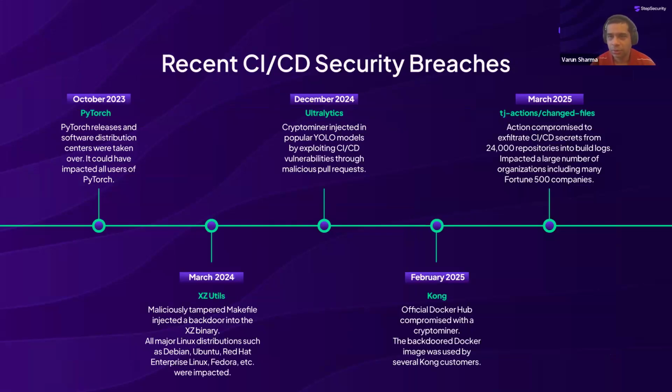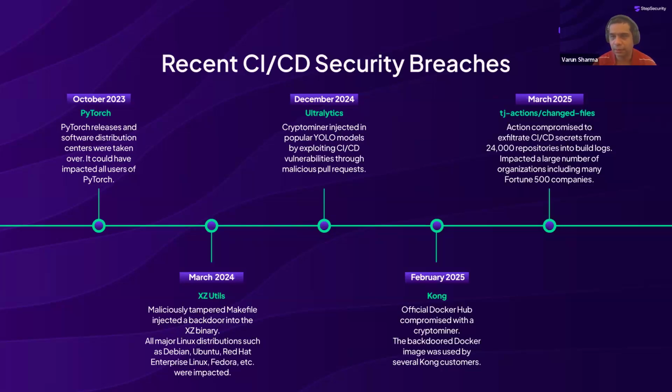In March, there was a significant incident involving tj-actions changed-files and also the reviewdog action, where both these actions were compromised, and any organization using those actions was potentially impacted.